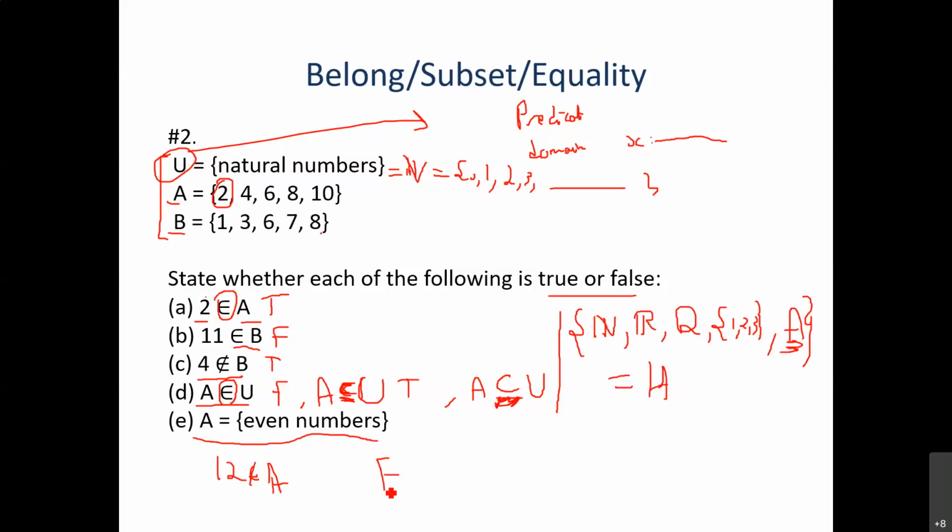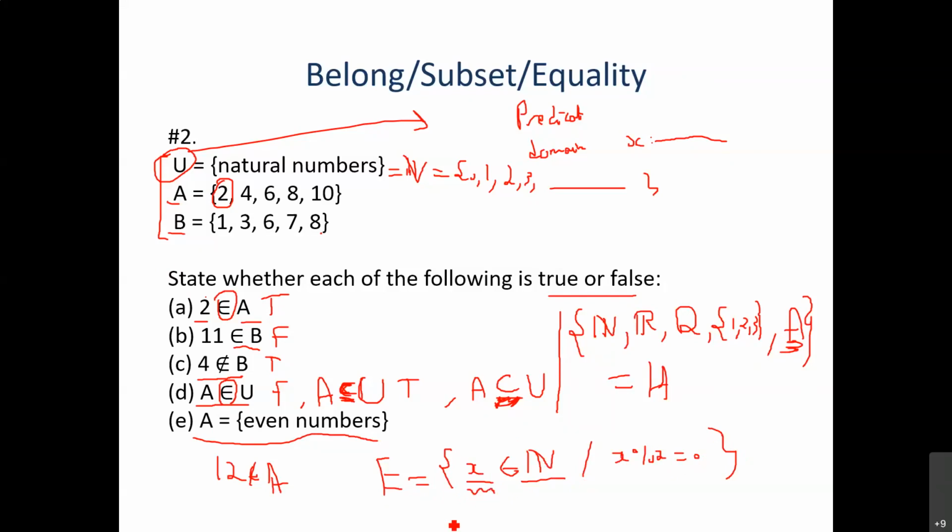If you want to represent the even numbers, you'd simply say E equals {x belongs to N such that x modulo 2 is 0}, or you can say simply x is even. So this is sort of how we build a set. x belongs to N, so we built the main domain of x.